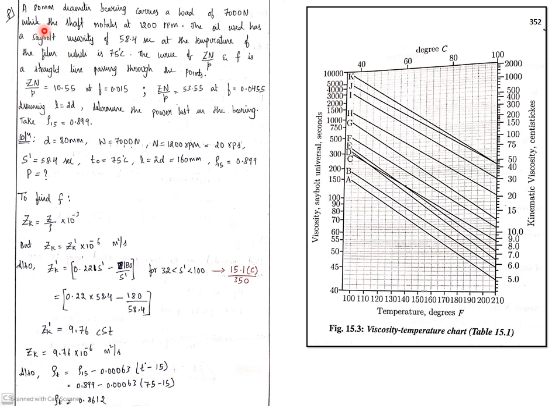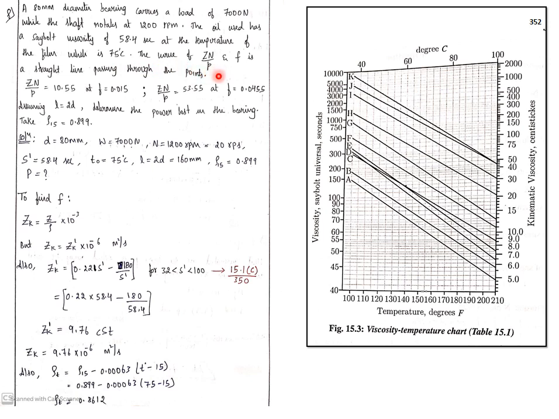An 80 mm diameter bearing carries a load of 7000 newtons while the shaft rotates at 1200 rpm. The oil used has a Saybolt viscosity of 58.4 seconds at the film temperature of 75 degrees.